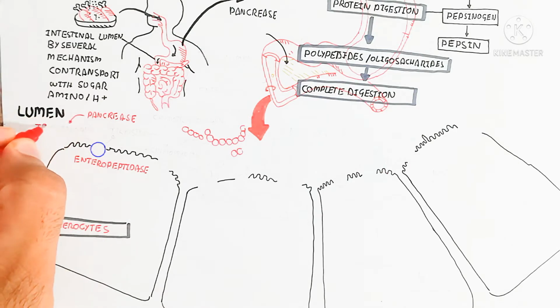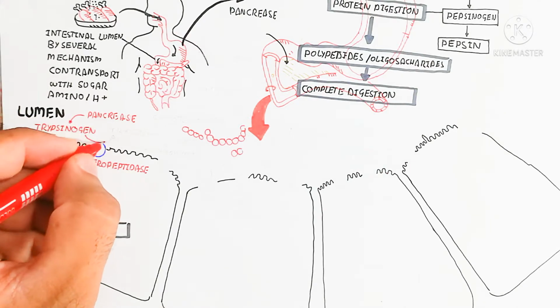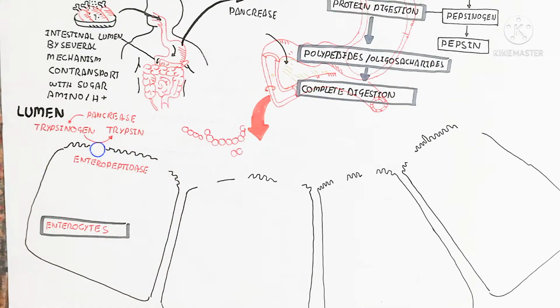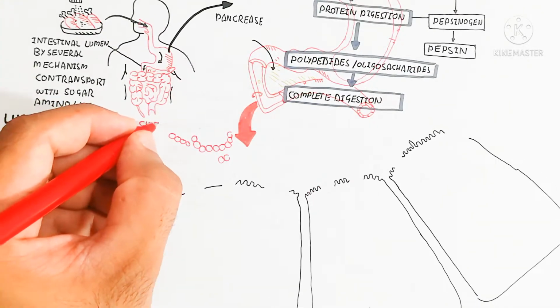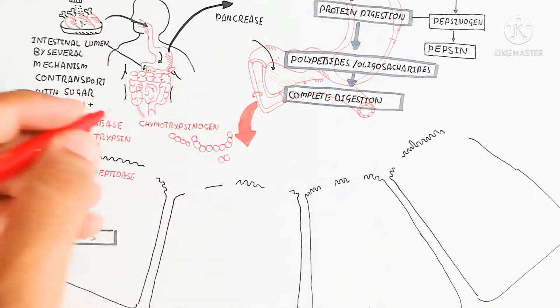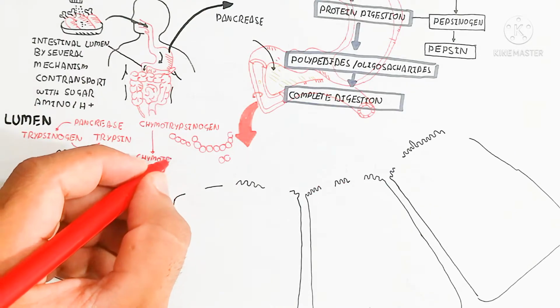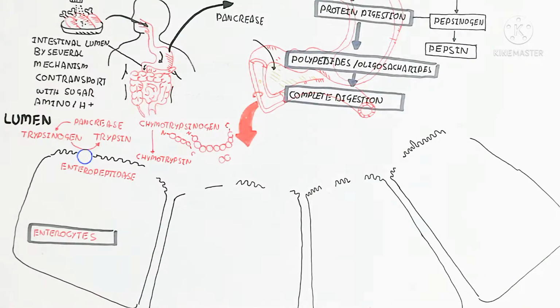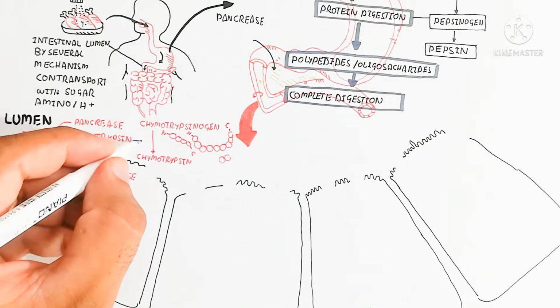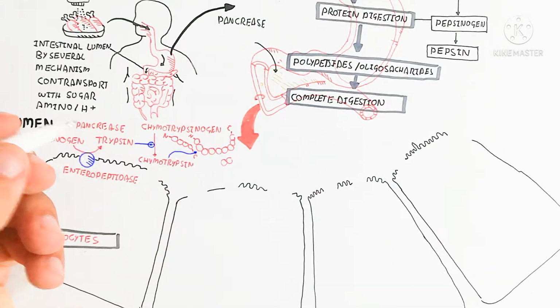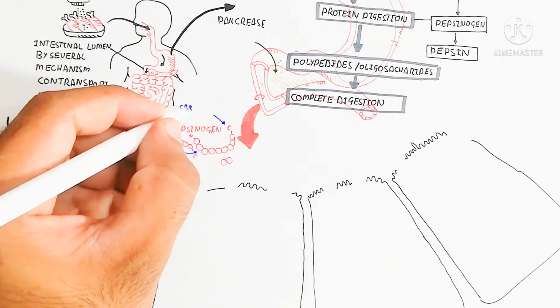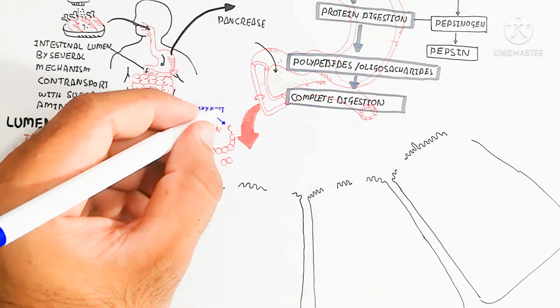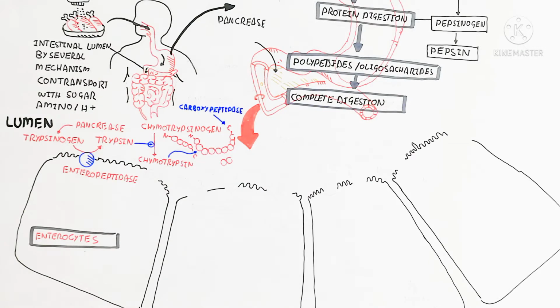Here is the pancreas, which produces trypsinogen, and this trypsinogen is converted to trypsin by enteropeptidase.